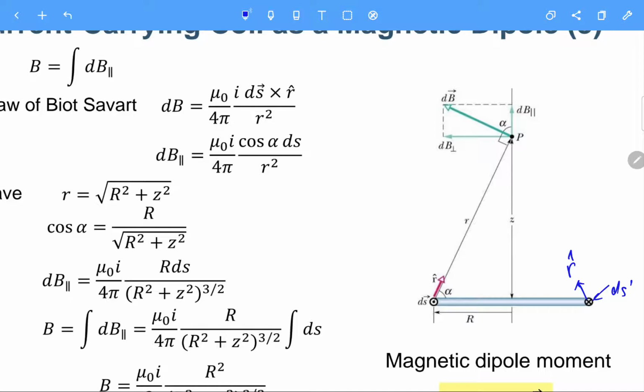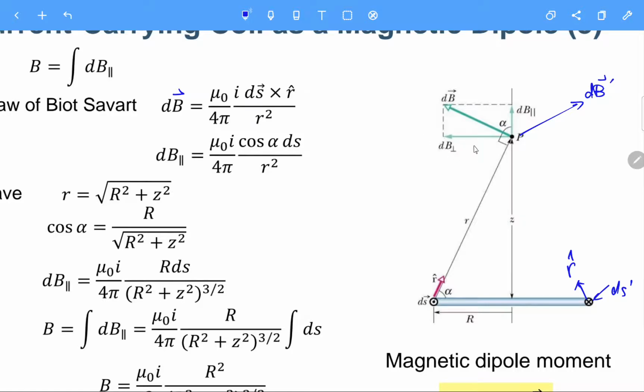So you use your forefinger pointing into the page and cross to r hat, so you will have dB prime points to this direction. So you can imagine that you decompose this dB prime along the z-axis and perpendicular to the z-axis.